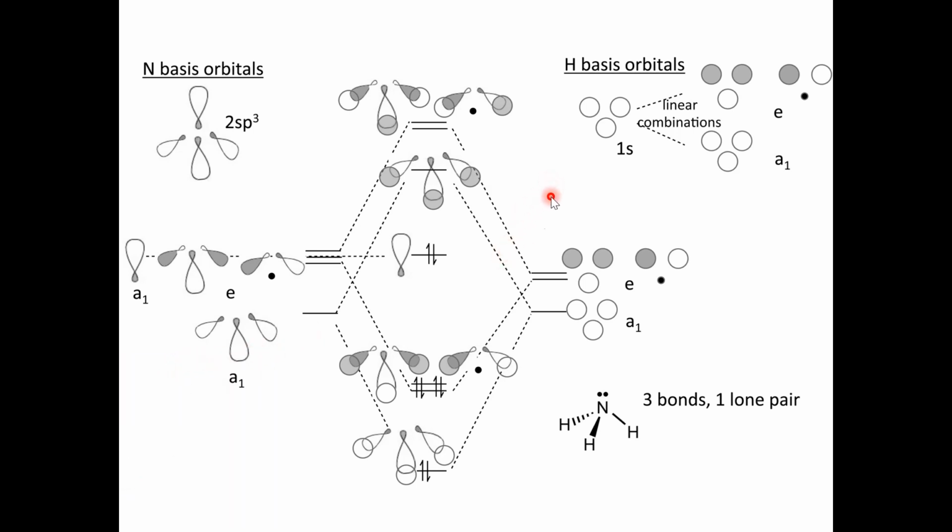And let me go through. There's a lot of information here, so let's go through that step by step. Again, this is the hydrogen basis orbitals that I have considered.